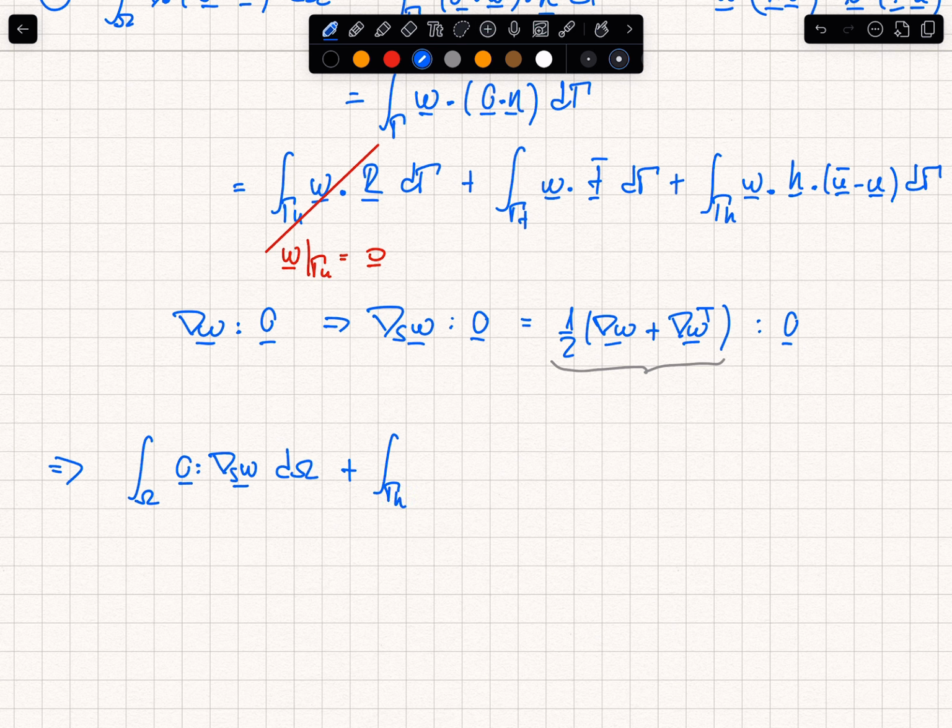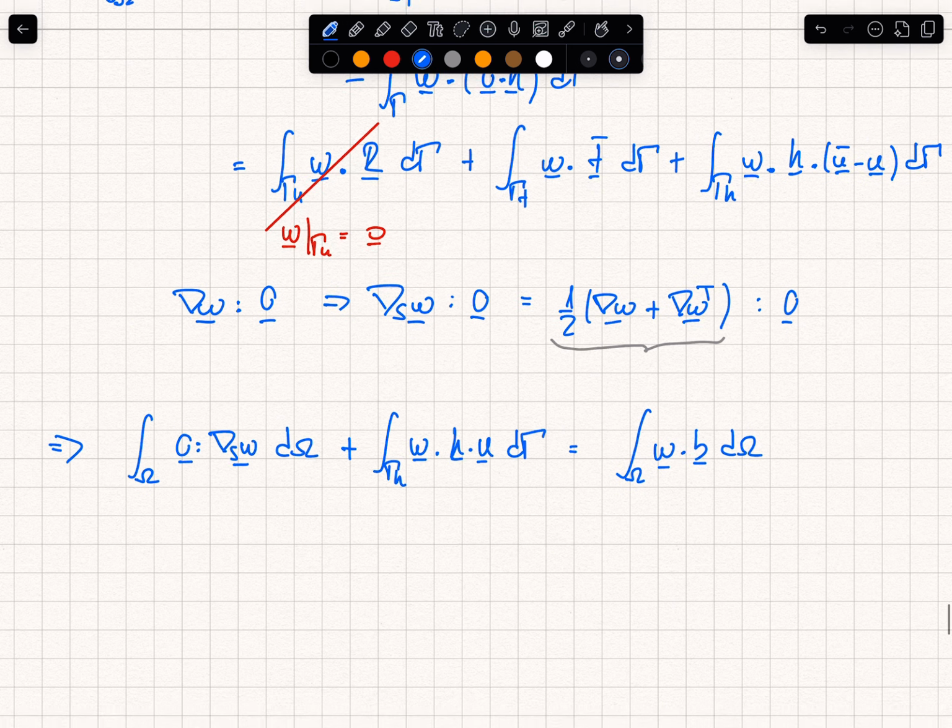It is the integral over gamma H, and then we have W dotted with H operating on U. Remember that H is a tensor. And that is going to be equal to the integral over omega, and this term does not change. This term remains the same. We didn't even touch that term.